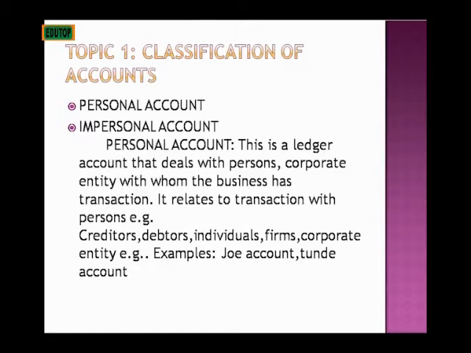Personal account is a ledger account that deals with persons, corporate entities with whom the business has transactions. It relates to transactions with persons, for example we have creditors account, debtors, individuals, firms, corporate entities, and examples are Joe's account, Tunde's account.